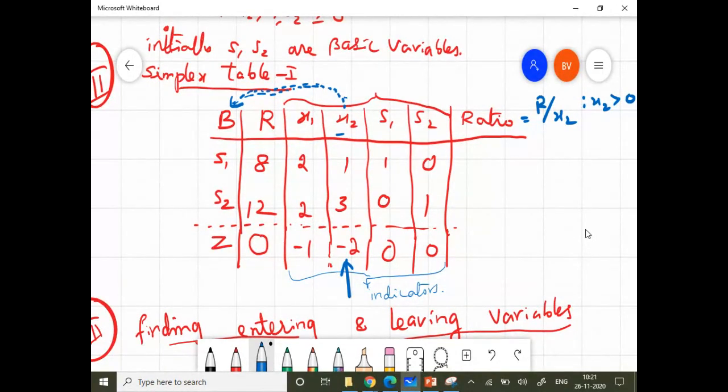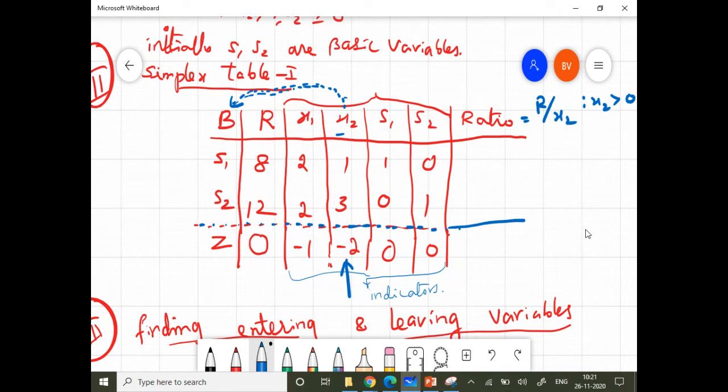Then only can you divide. If they are negative or 0, you cannot find the ratio. So in our x2 column, ignore Z. Z is not in the calculation. Z is only for finding the entering variable. So the ratio will be found only for the main body rows, not for Z. So ignore this Z.